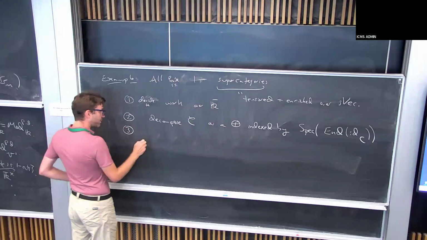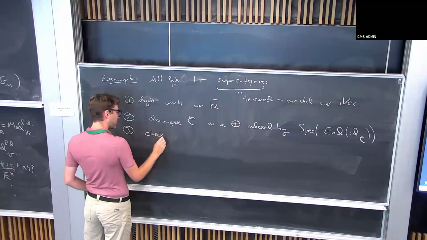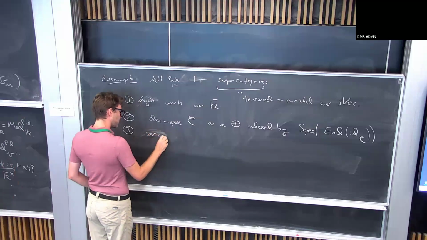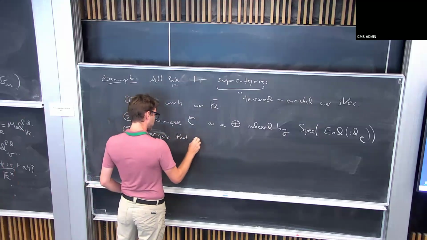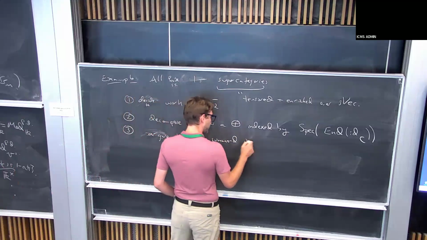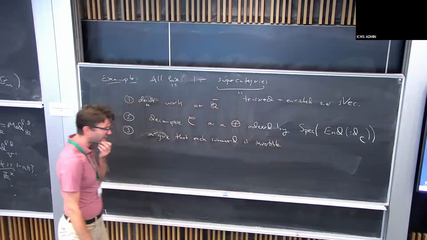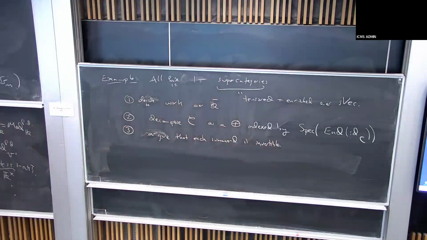And then you have to prove, so you can do this, you argue that each summand is invertible. And that's not very hard to argue. Let me do it for you.